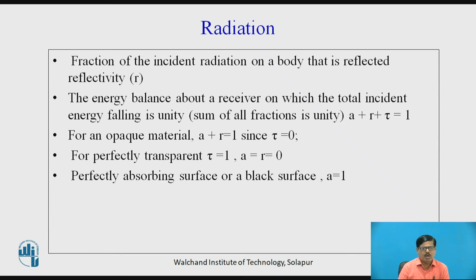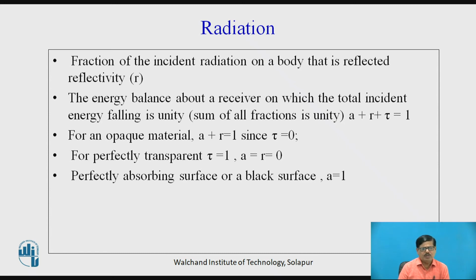So if we write the energy balance for a body which is receiving the energy, the total incident radiation energy falling on the body is unity. So the sum of all the fractions is unity: absorptivity plus reflectivity plus transmittivity equals 1.